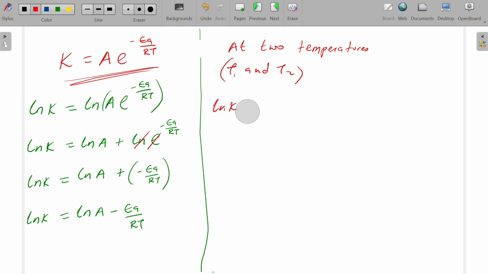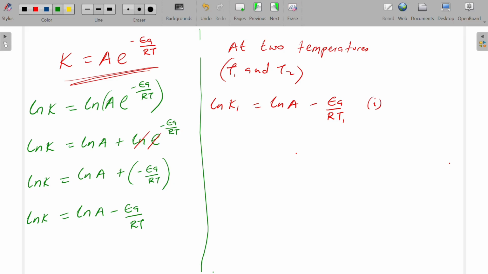So natural log of k1 is equal to natural log of A subtracted by the activation energy divided by RT1. Let's call this equation number 1.